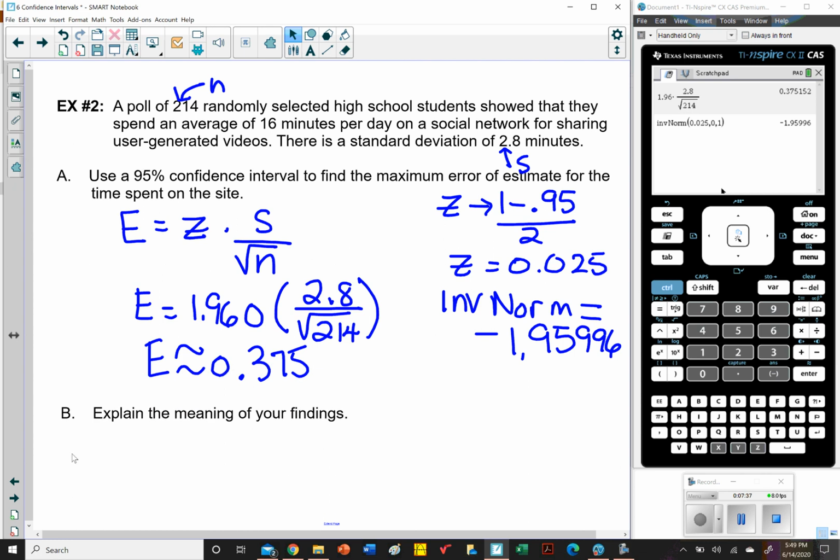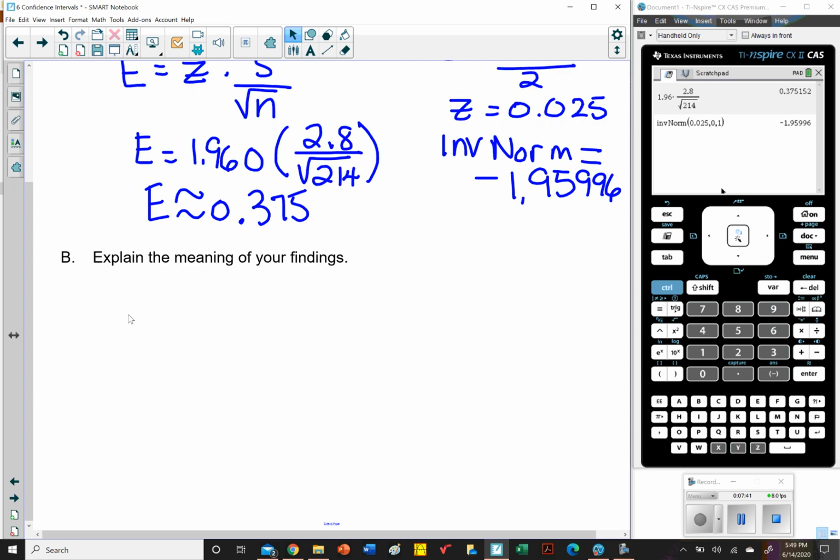So we could say that you can be 95% confident that the population mean time spent on the video website will be within 0.375 of a minute of the sample mean of 16 minutes. The sample said they spent 16 minutes.